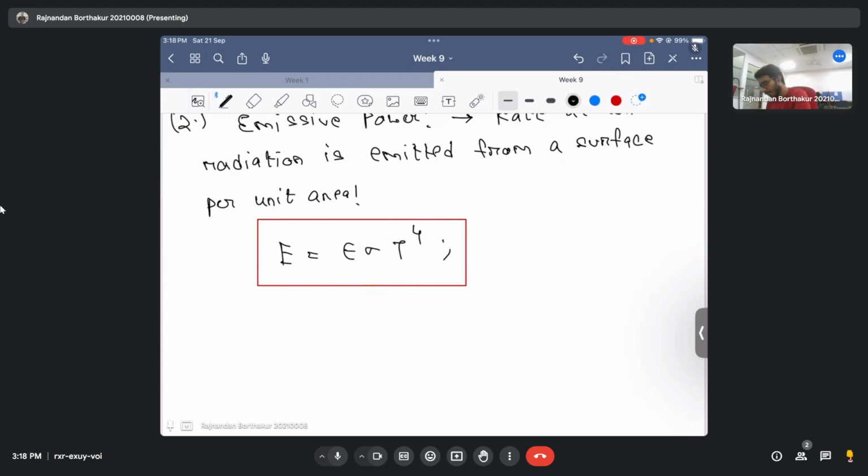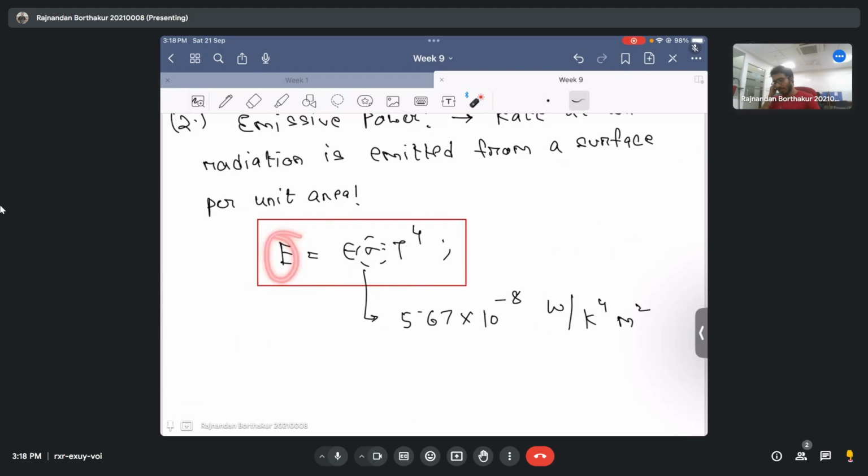Sigma has the value of 5.67 times 10 to the power minus 8 watt per meter square Kelvin to the power 4, since E is a flux. It is easy to remember the value of sigma: 5, 6, 7, 8.